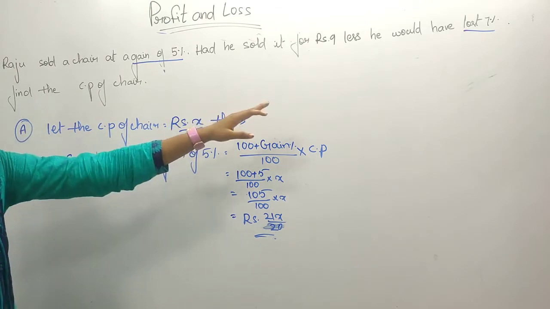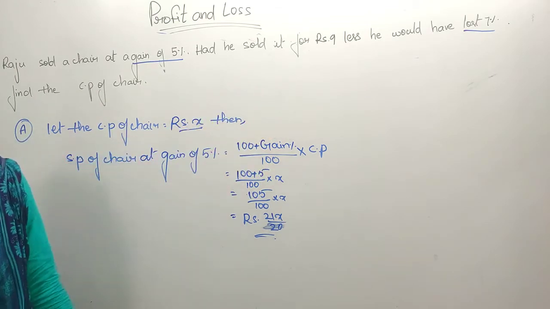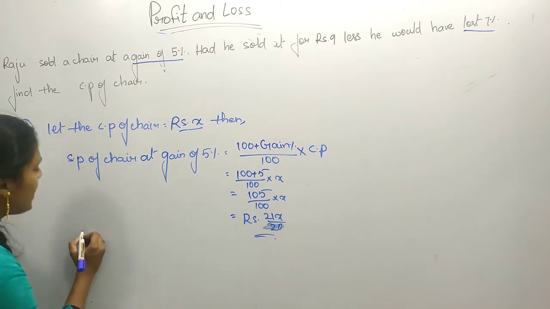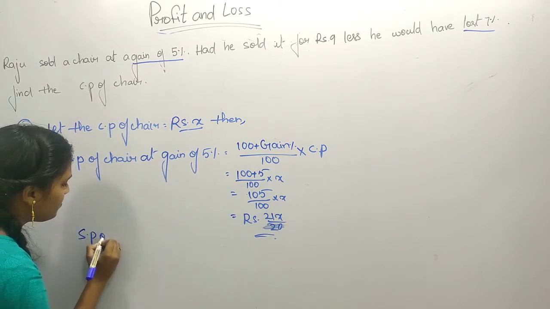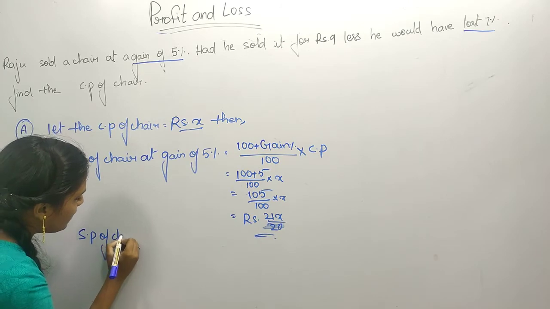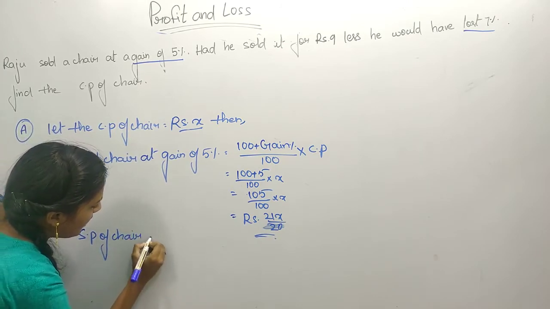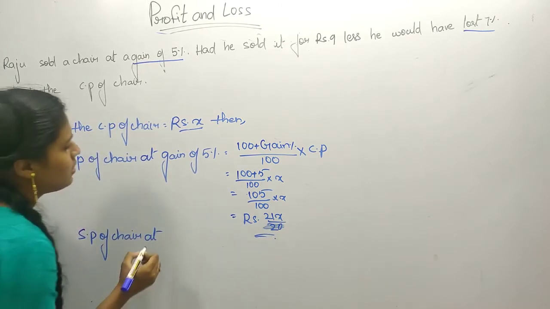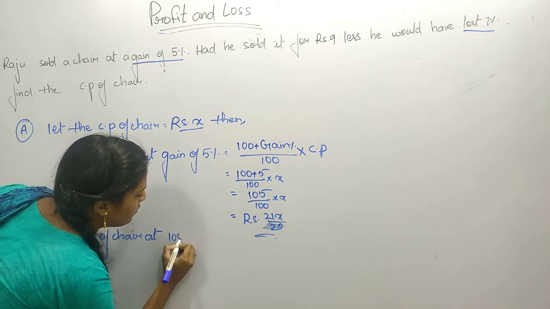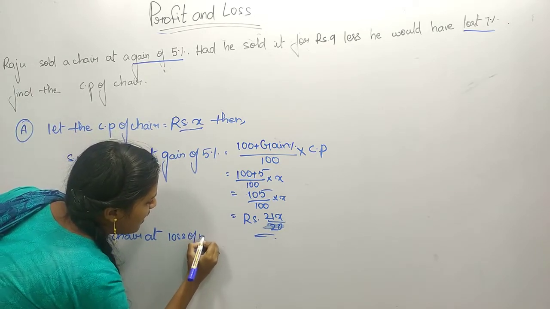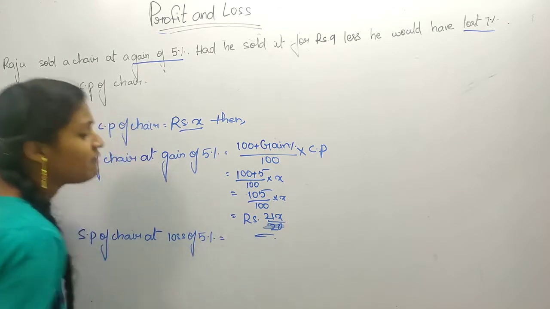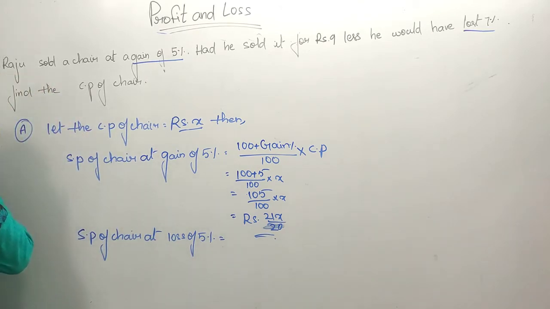Now we have to find the selling price at loss percent. Selling price of the chair at a loss of 5%. In the previous class I told the selling price at loss.